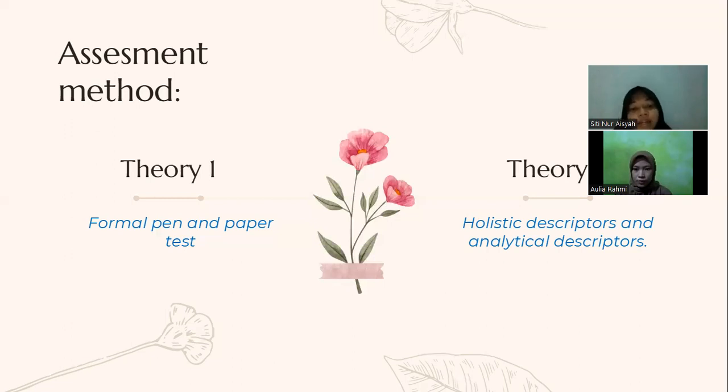There are two types of rating scale, namely using holistic descriptor and analytical descriptor. And thus, in holistic descriptor, your overall performance is described, whereas analytical scale breaks down performance into components.